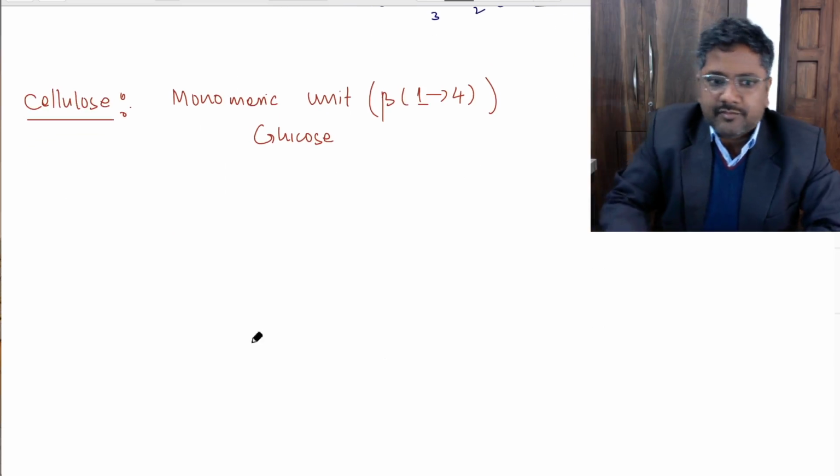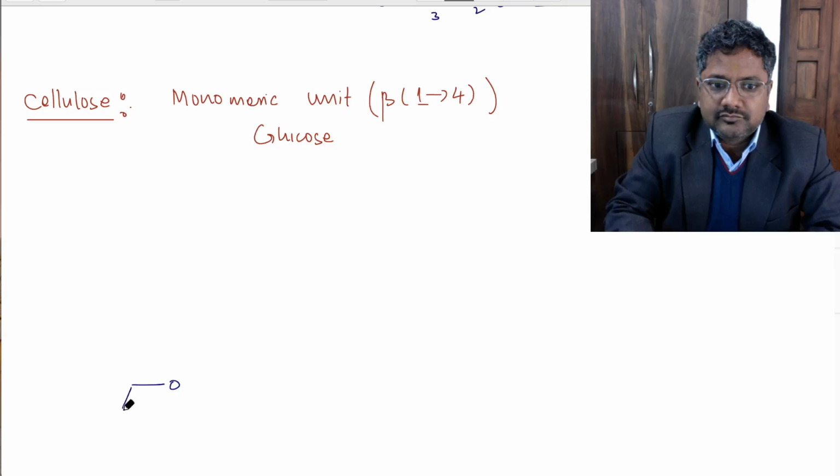How to represent this? See, this is beta linkage.